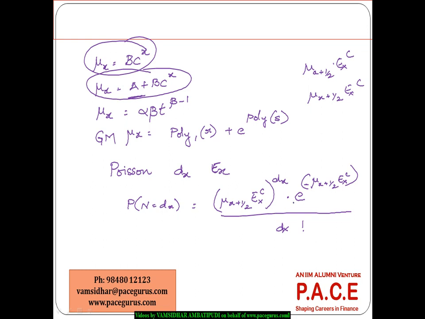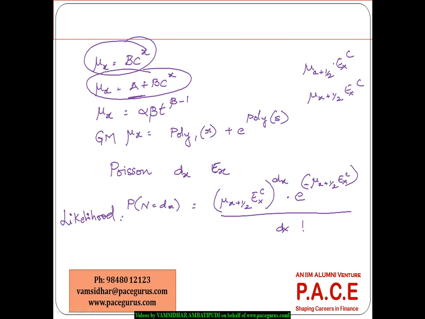So when I use this and any of the mu related formulas, especially if I have to look at the likelihood function for observing d deaths in an exposed to risk of ex, and I'm using a Poisson model for the same, and within the mu x I can go with the appropriate parametric formula.